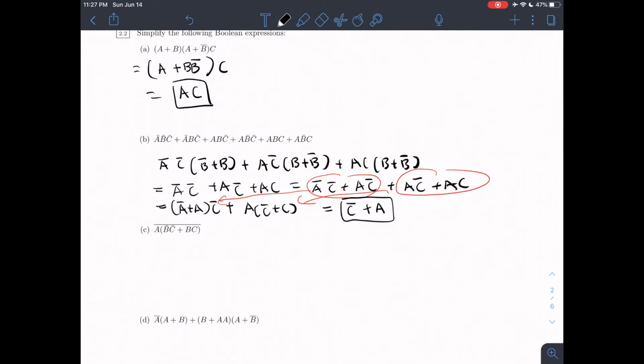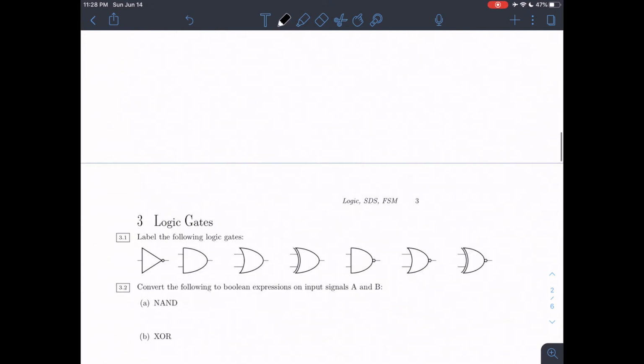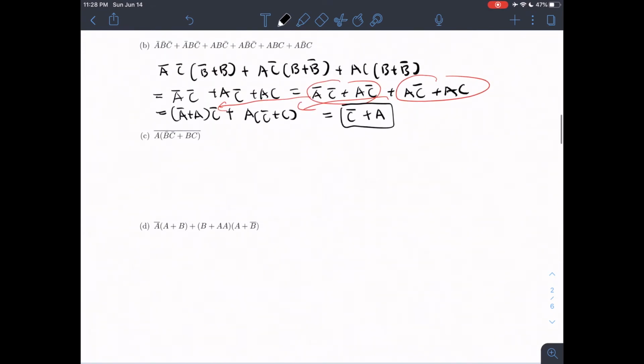Part C, we're going to simplify this expression. So for this expression, the first thing we're going to do is use De Morgan's law in the AND form. I'm going to write it down here for clarification.